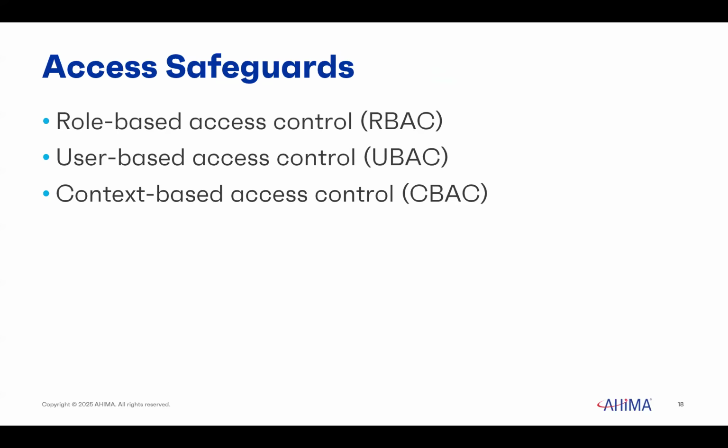Some of the things that we do are such things as role-based access, user-based access control, and context-based access control. Let's take a look at all three of these. Role-based access is basically giving somebody's access a template.